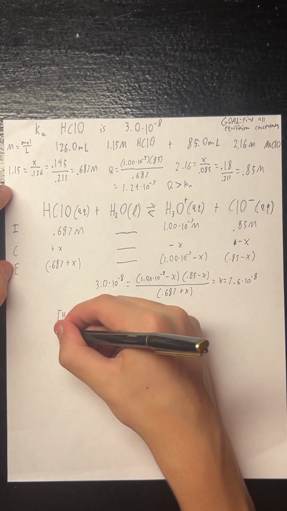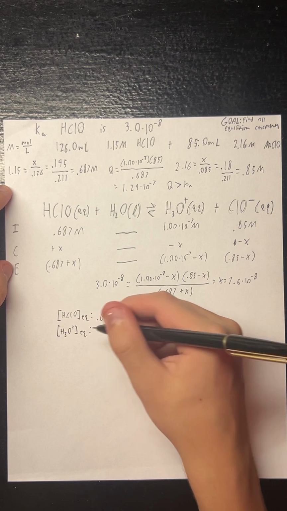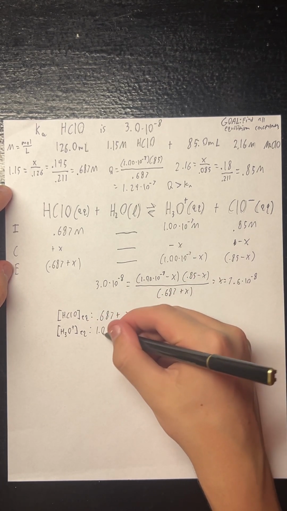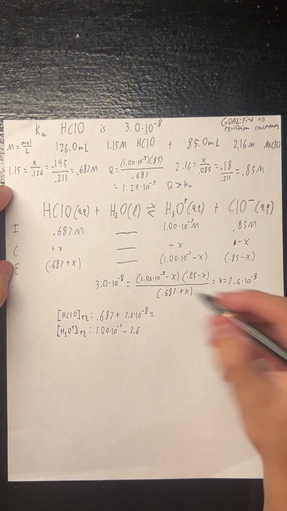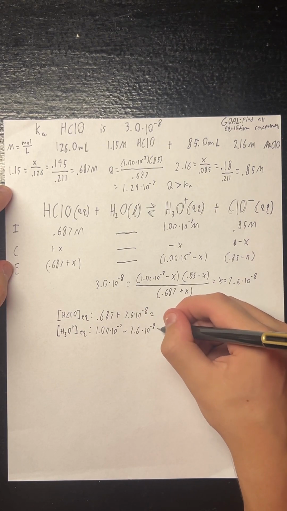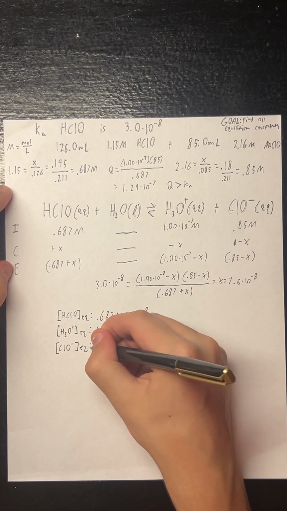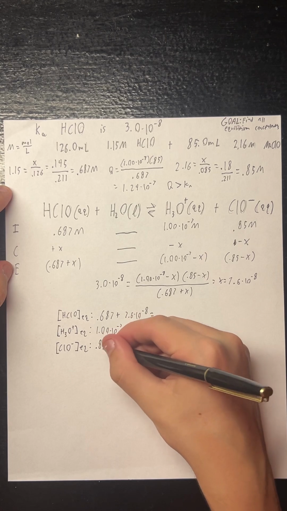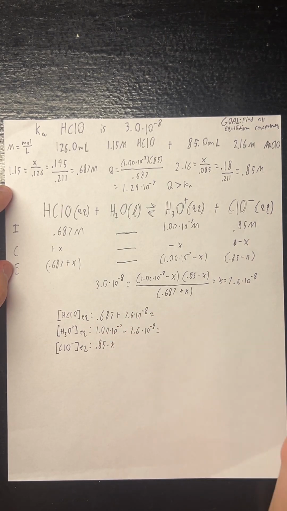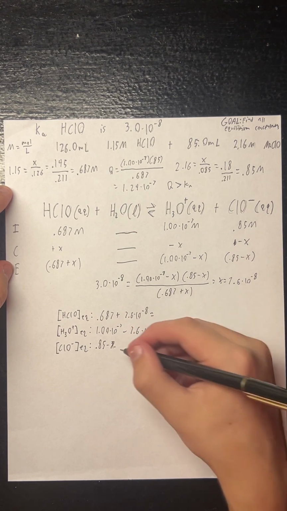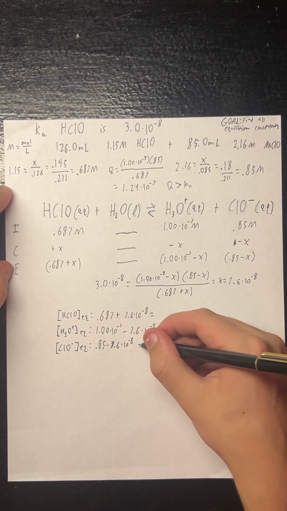H3O plus at equilibrium is 1.00 times 10 to the negative 7 minus 7.6 times 10 to the negative 8. And our last one, ClO minus at equilibrium, is 0.85 minus x, which is minus 7.6 times 10 to the negative 8.